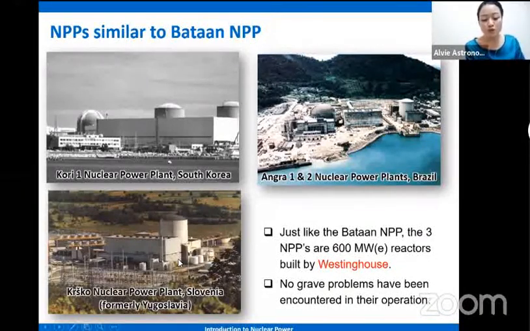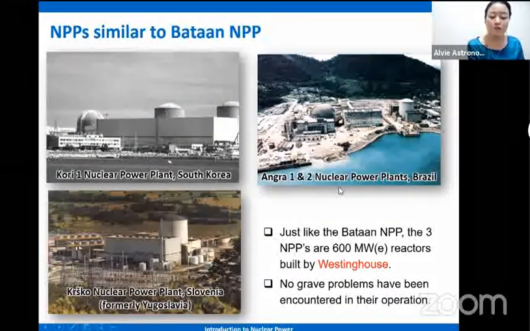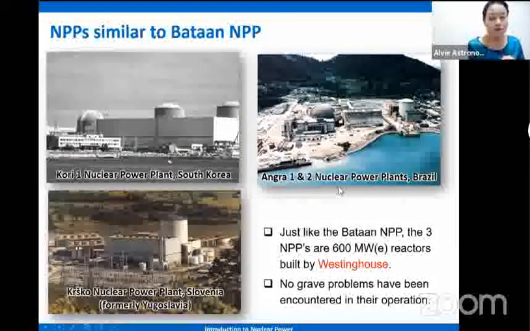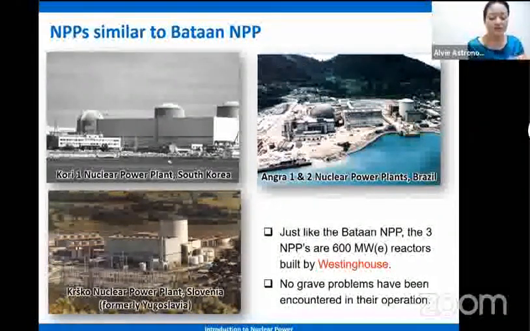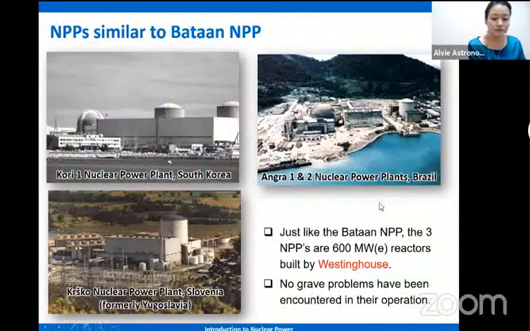We also have the Krško nuclear power plant. I had the chance to visit this together with Dr. Celia in 2017, and it is still operating until now. It started operating in 1981. So just like the Bataan nuclear power plant, these three nuclear power plants were also built by Westinghouse, and throughout their several decades of operation, no grave problems have been encountered. And yes, they have a safety record.